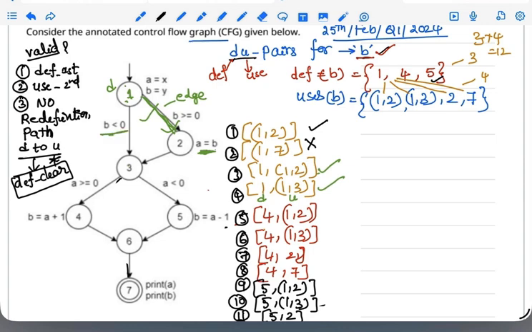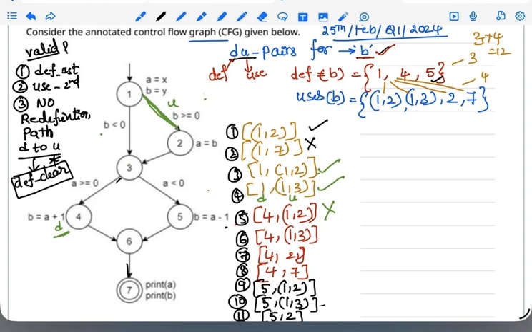Next, 4 comma (1,2). The definition is at 4 and the use is at edge (1,2). There are no backward edges, so there is no def-clear path. It's not a valid du-pair.